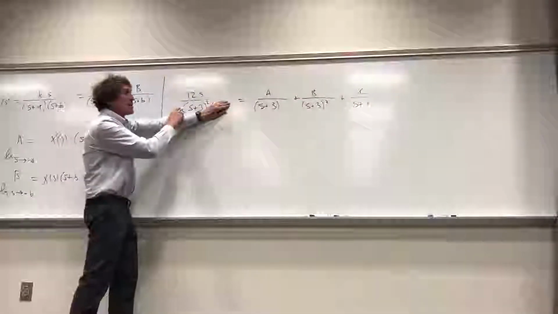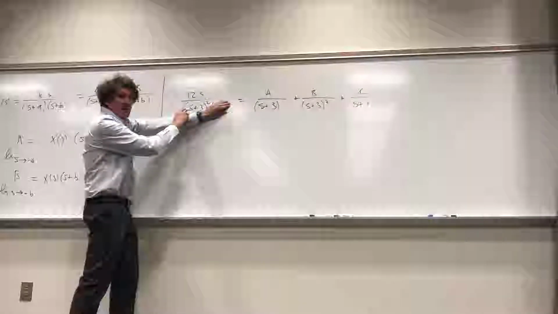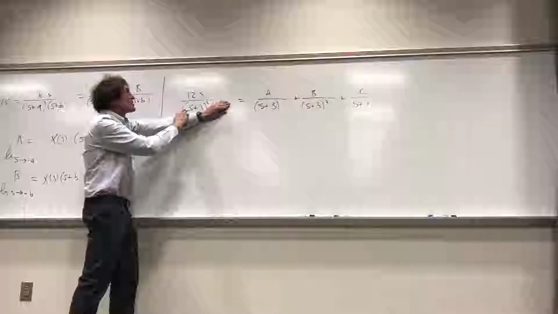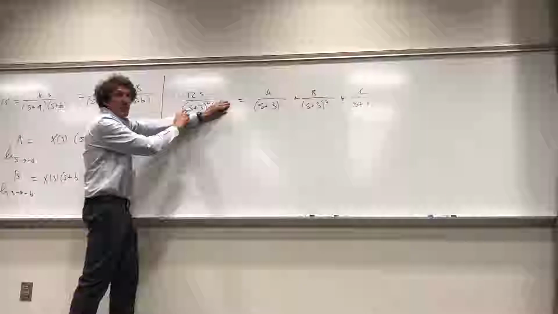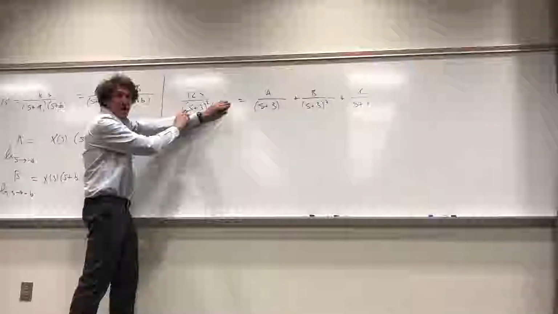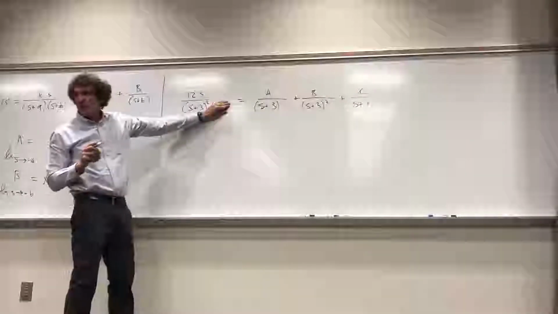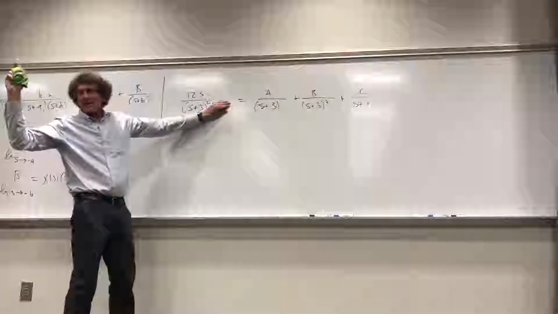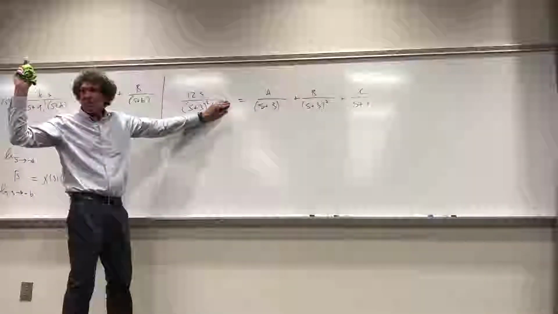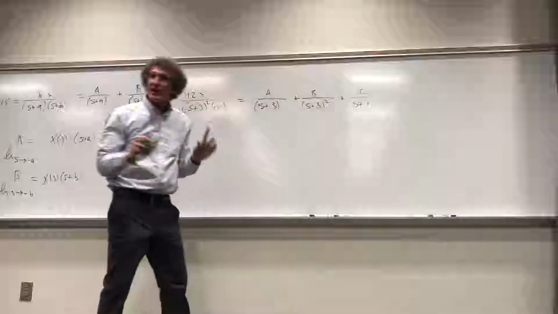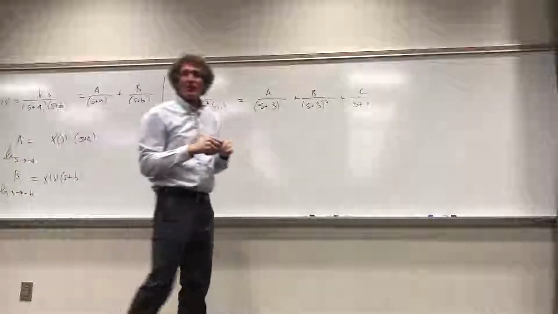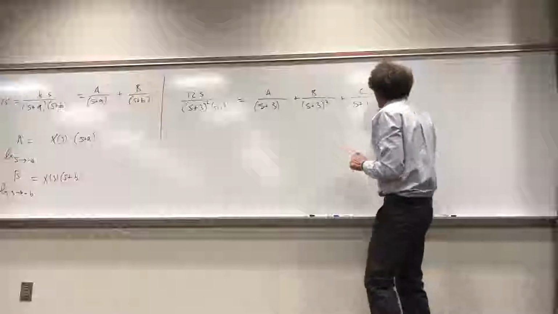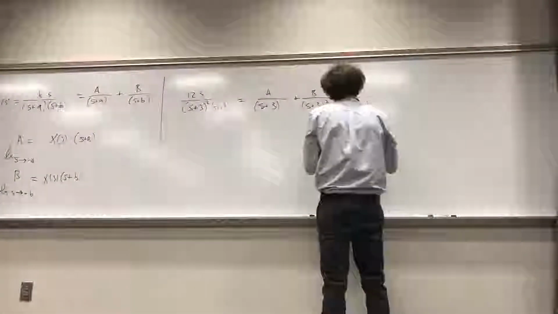And then I have 2 down here, squared is 4, right? So I'm going to have minus 12 over 4, correct, class? Or minus 3. Do you agree with me, everyone? Yes, minus 3. So, minus 3.